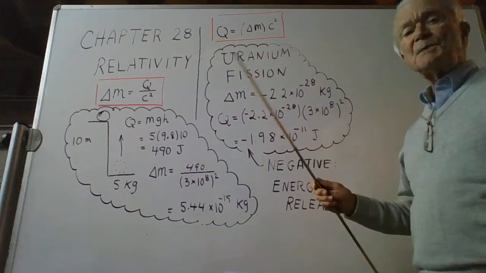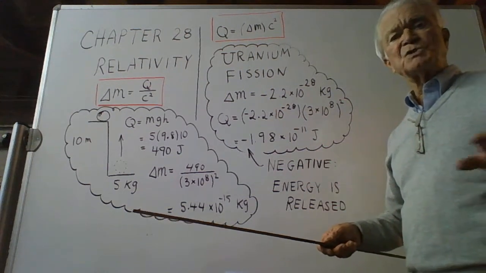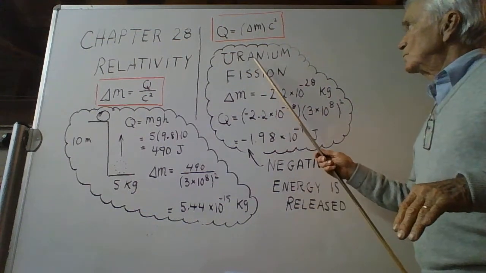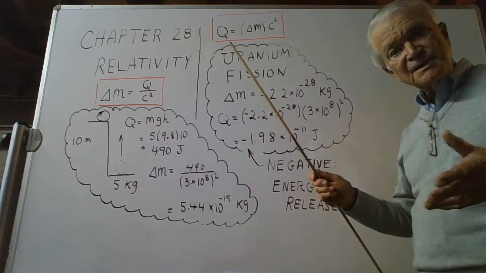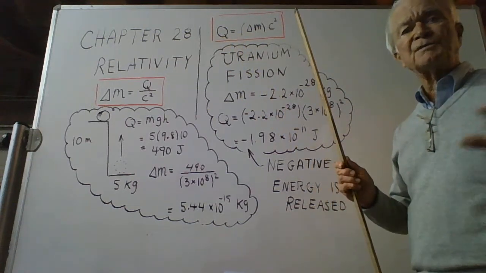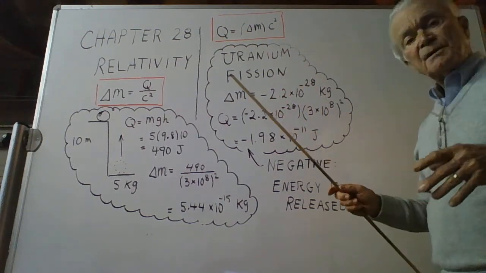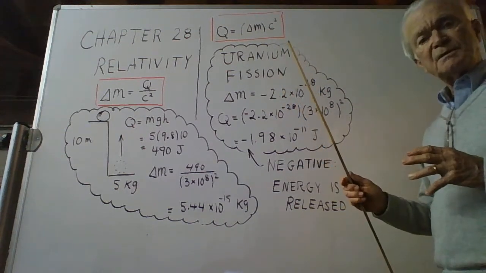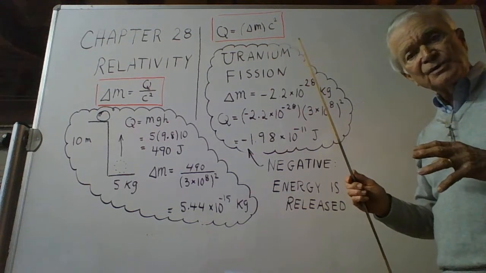When a certain type of uranium, that's called an isotope of uranium, I won't mention what it is until a later chapter, is caused to undergo fission, a splitting apart into two roughly equal halves or parts, the amount of mass you started with in that uranium nucleus is not what you end up with later.